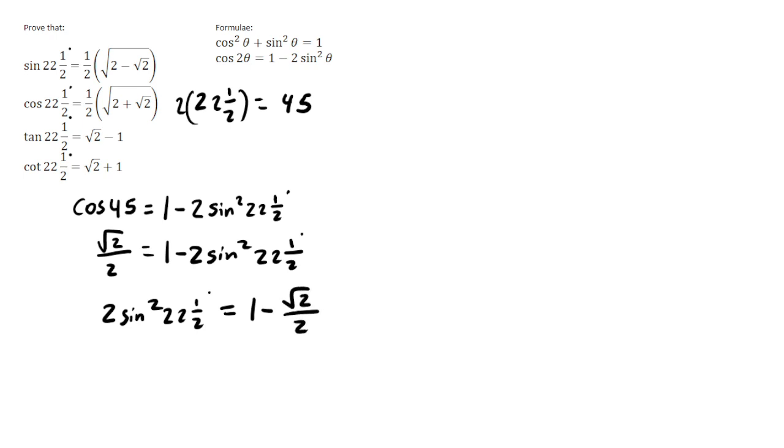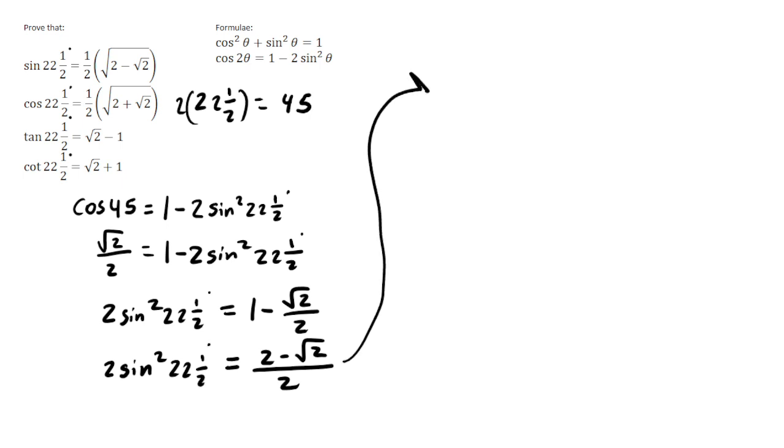You get this by moving this to this side and this to this side. Alright? So now we can simplify this as 2 minus root 2 over 2. And this is equal to 2 sine squared 22.5.